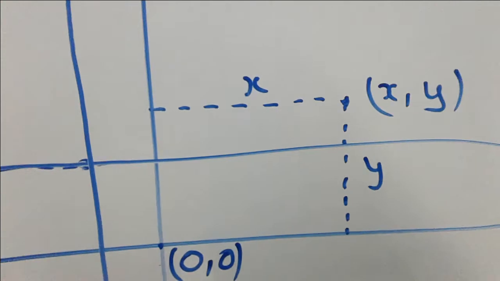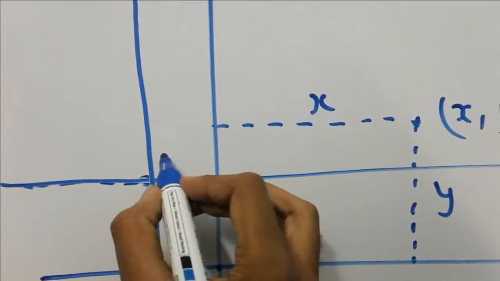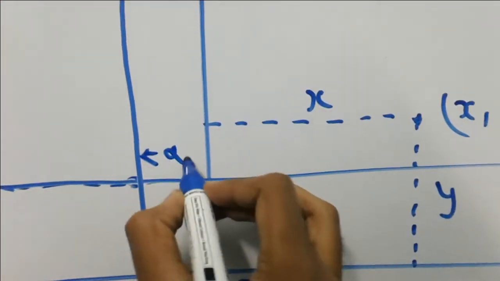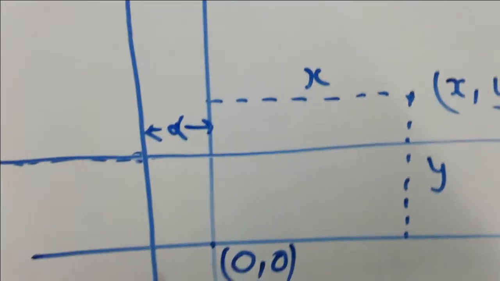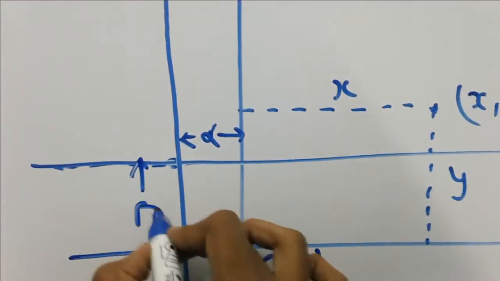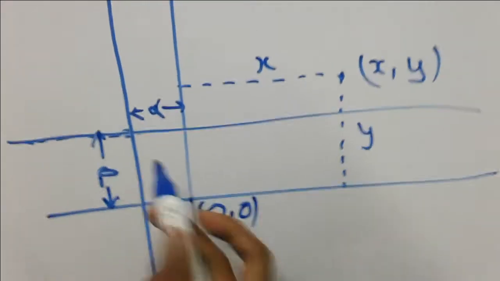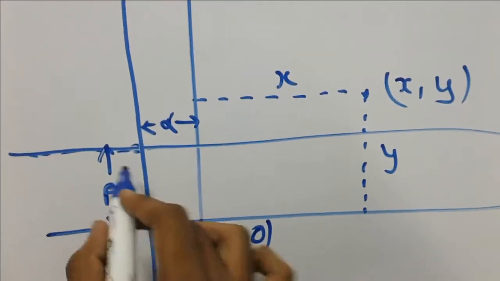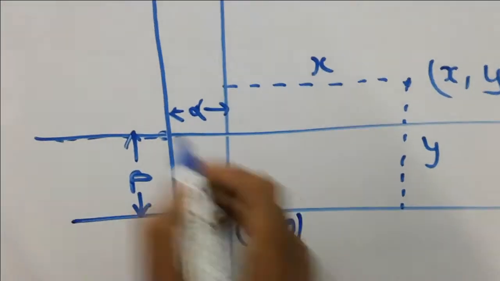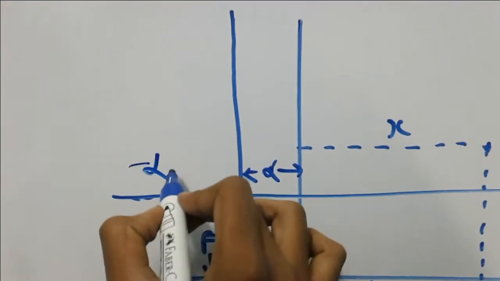Let's say the new origin is alpha distance from the y-axis and beta distance from the x-axis. So this point with respect to this origin will be something like negative alpha comma beta.